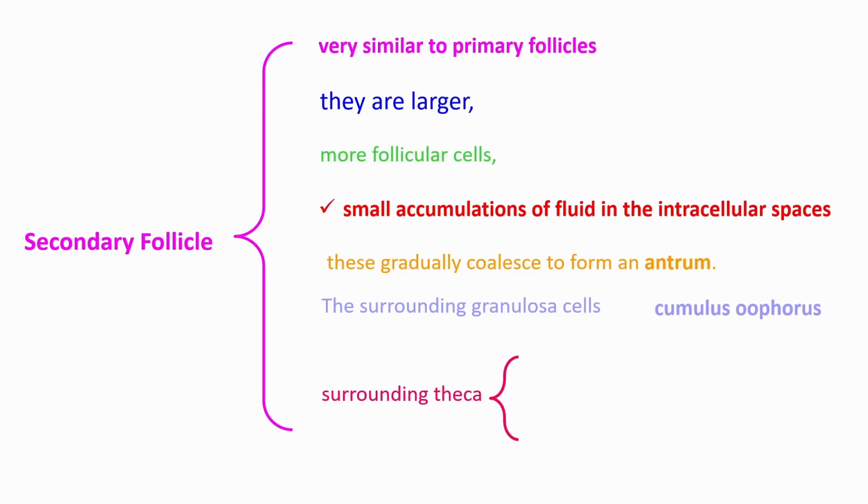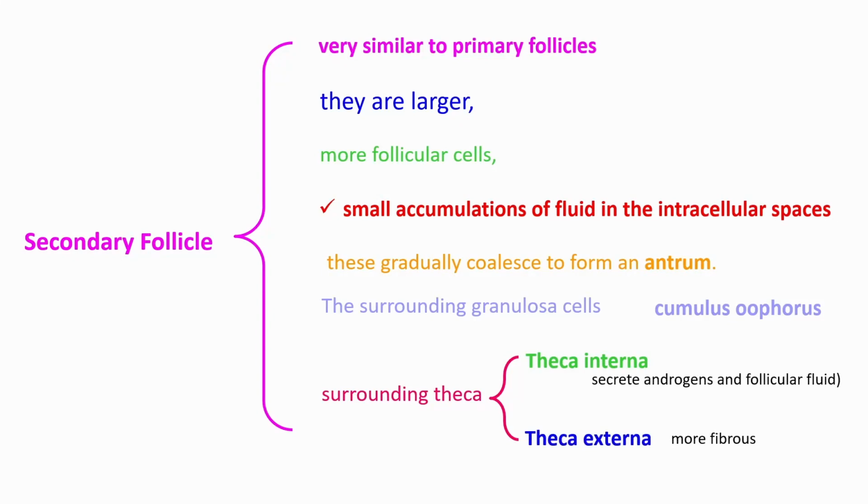And there are two layers of theca cells. The theca interna is a group of cells surrounding the Graafian follicle, the follicle that has a single antrum, and the theca externa on the outside contains more fibrous tissue than cells, and the theca interna is going to secrete enzymes.